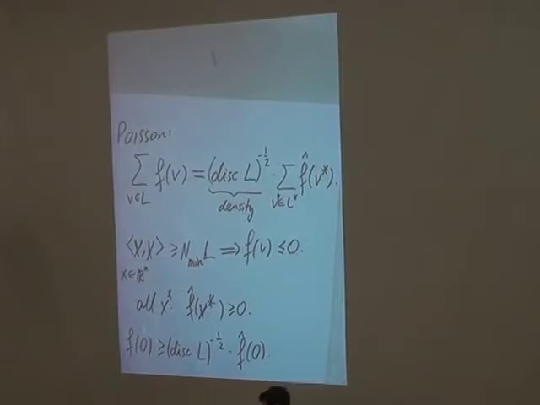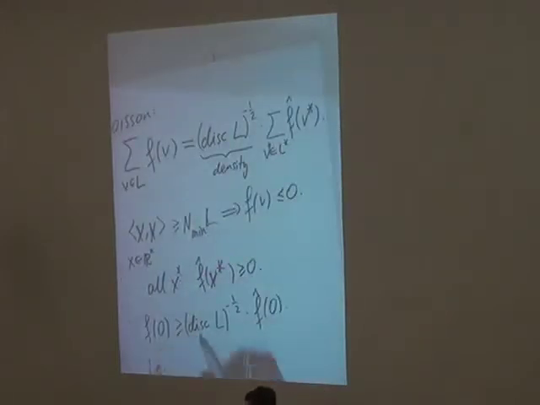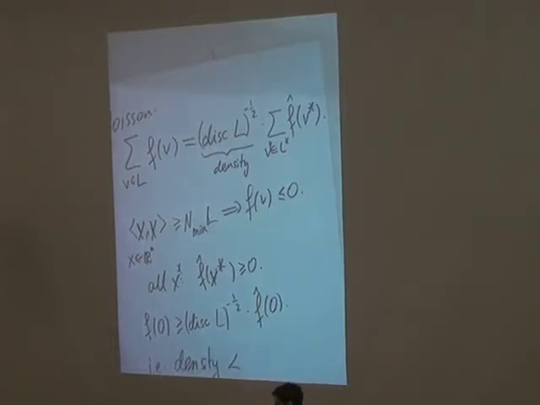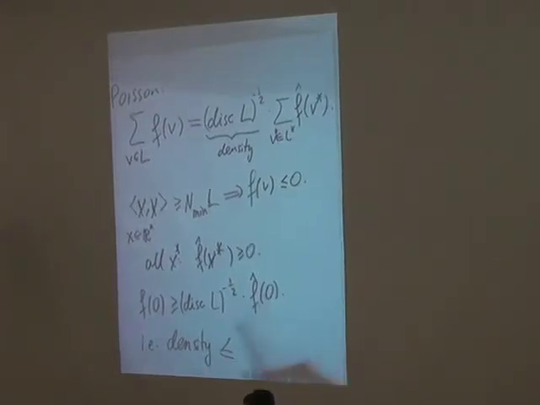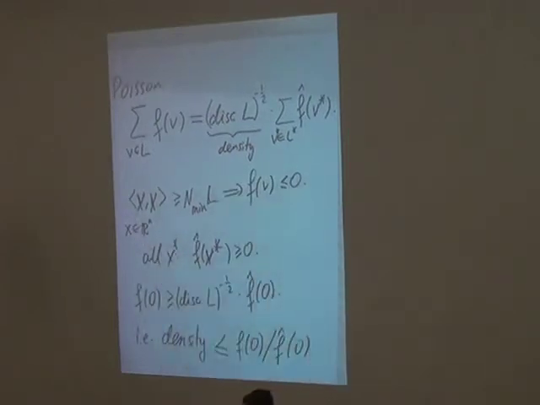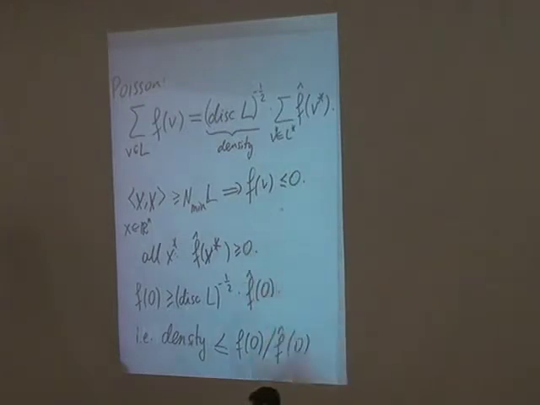And that means that the discriminant to the power minus a half, which is to say the density, is bounded above by the ratio of f of 0 to f hat of 0 for any function f that you can concoct that satisfies these two criteria: it is non-positive past the minimal norm, and it has an everywhere non-negative Fourier transform.